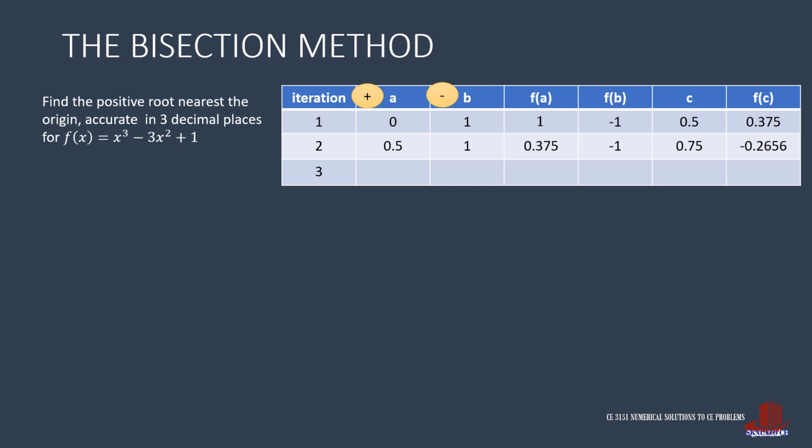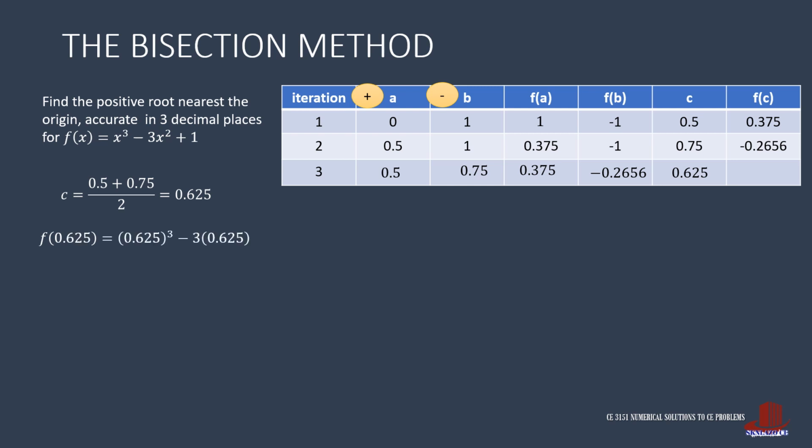Moving on to the next iteration, b is then 0.75 with f of b as negative 0.2656. a remains the same as 0.5 with f of a as 0.375. With the first 4 columns filled, we can compute c as 0.5 plus 0.75 divided by 2, resulting in 0.625. Use this to look for f of 0.625, which yields 0.0723. Having this value positive, c should replace a.